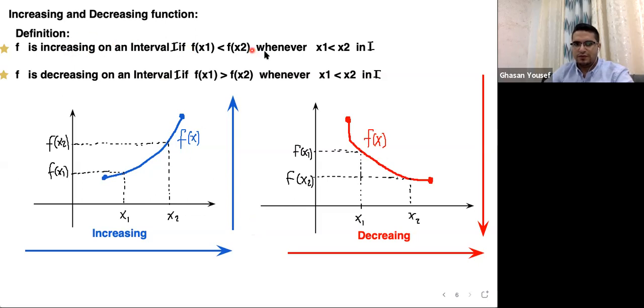And if you want to use the definition, just apply it: x2 is greater than x1, and if f of x2 is greater than f of x1, the function is increasing. But for the second one, x2 is greater than x1, but f of x2 is less than f of x1, so the function is decreasing.